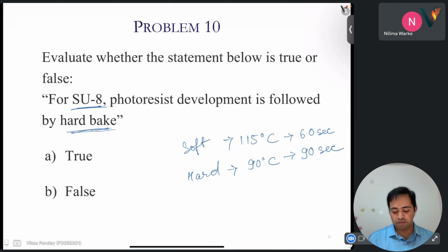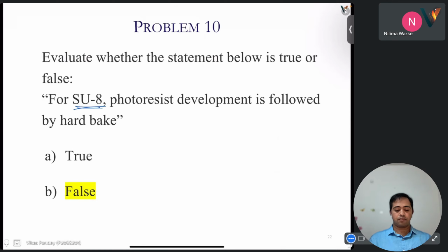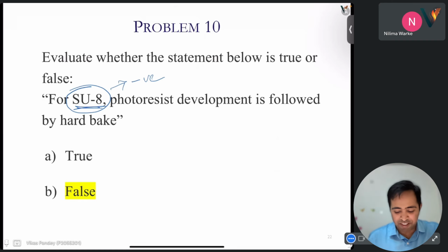In case of negative, it will be opposite, since we have to remove the exposed area. Or no, I am getting confused.